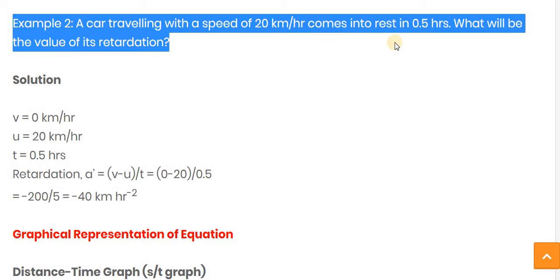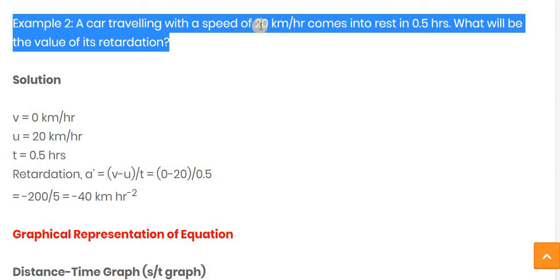Here v, the final velocity, becomes 0. Why does it become 0? Because here you can see a car is traveling with a speed, and u, the initial velocity, is 20 km per hour. When an object or any body comes to rest, at that time its velocity becomes 0.